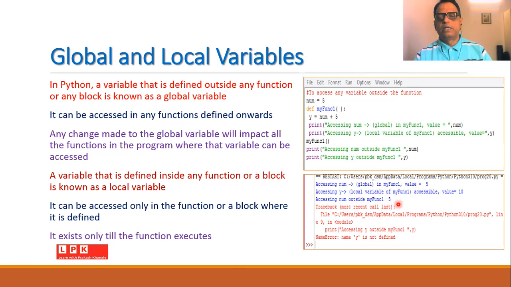But when you try to access y outside the function, which is in fact a local variable, it cannot be accessed, and therefore the error message will be printed on the screen that the name y is not defined. So y can be accessed only within the function, which is a local variable, but number is a global variable, and hence it can be accessed within the function as well as outside the function.